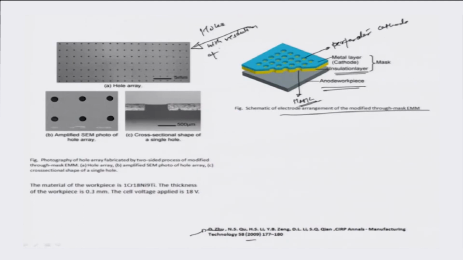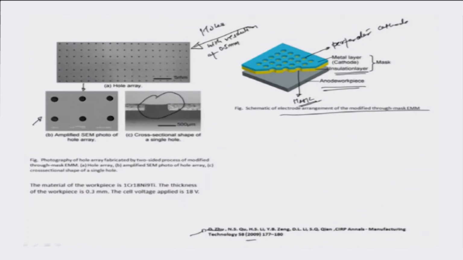The pitch is close to about probably 0.5 mm. Each of these holes must be in the range of a few hundred microns, I am sure, and this is a blown up SEM image of the same hole array, and this right here illustrates the cross sectional shape of a single hole.